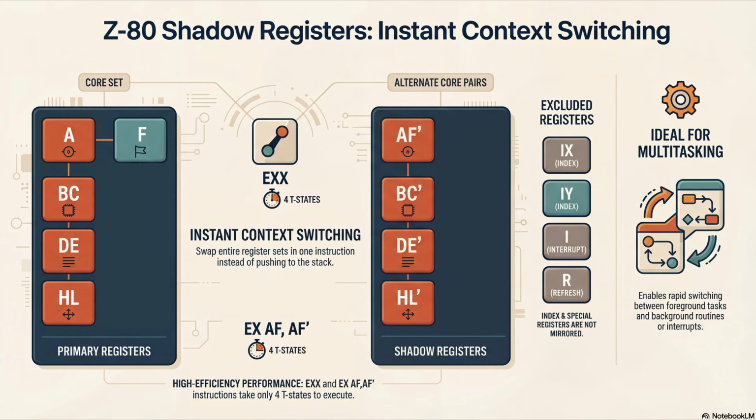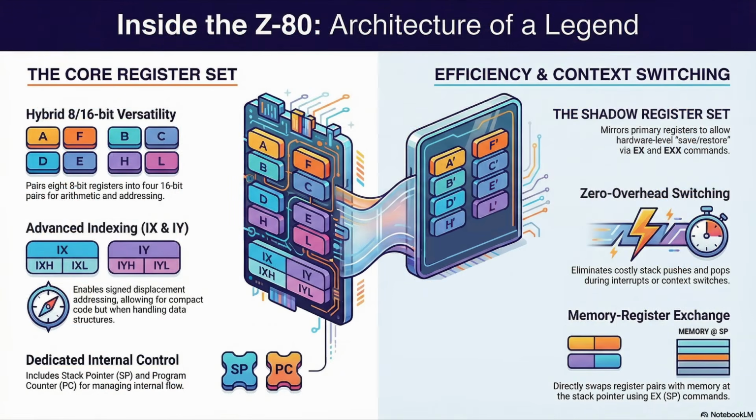With rapid context switching, when an interrupt occurs, the CPU can instantly swap the main register set with the shadow set using a single instruction, thus preserving the interrupted task's state without having to push all the registers onto the stack. Multitasking.